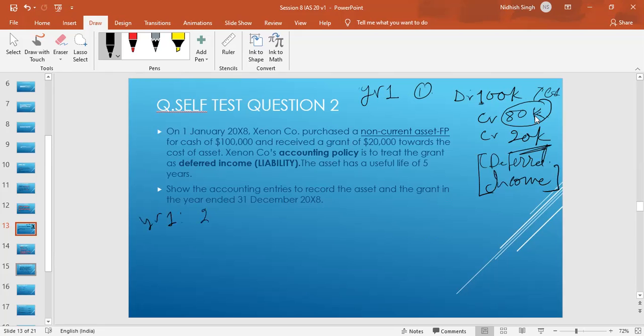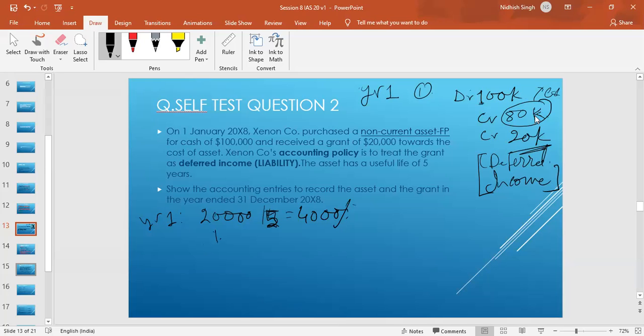So we know that 20,000 deferred income divided by 5 is 4,000. That should reduce our liability, in fact, right? So the liability is deferred income. Sorry, it should be debit 4,000 and credit 16.